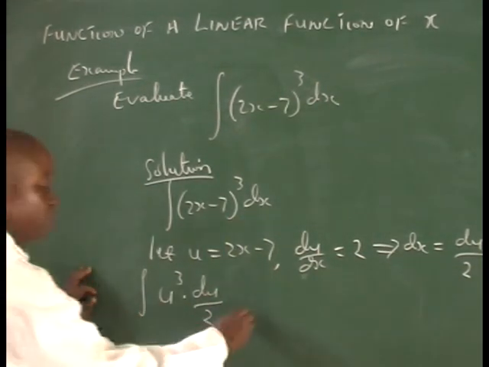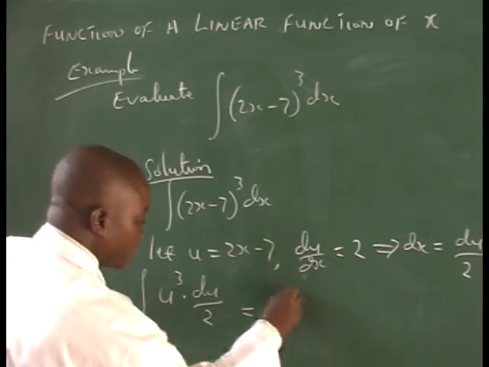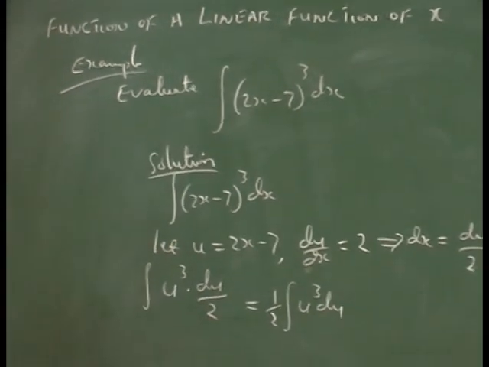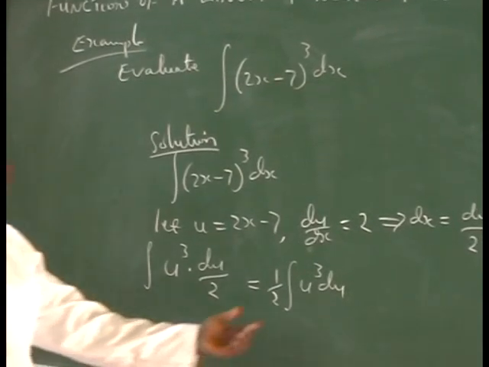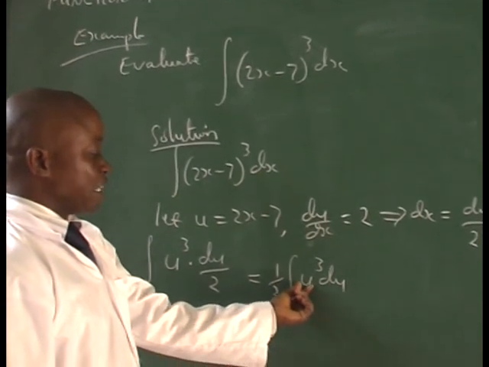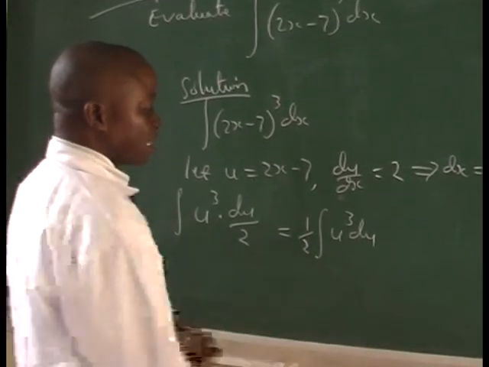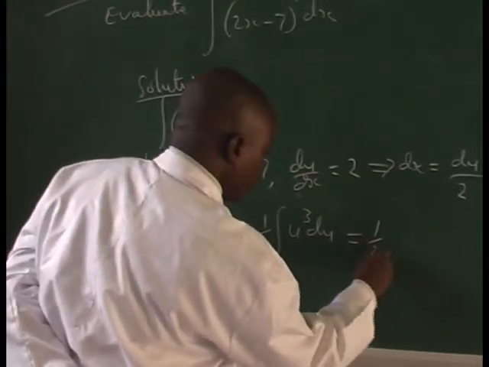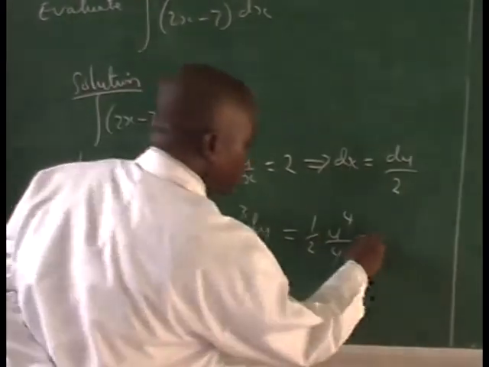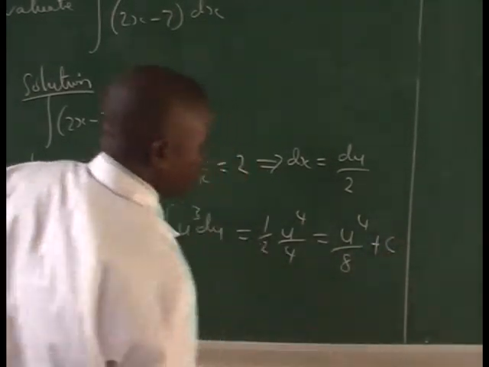So we can bring out the constant of integration, which is 1 over 2. Then we have the integral of u cubed du. With this, we can integrate here. Suppose here were x raised to the power 3, we will add 1 to the power and also divide by the new power. So we will have 1 over 2 times u raised to the power 4 over 4, and this will give us u raised to the power 4 over 8 plus c.